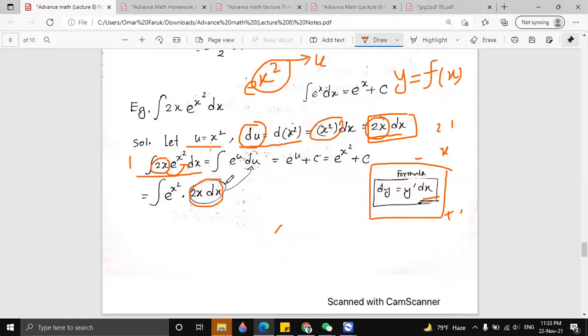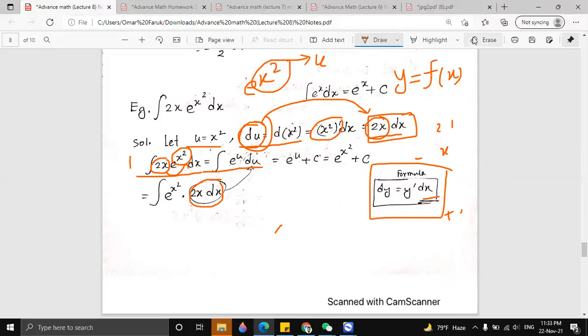And in 2x dx, we already got the value. It is du, right? 2x dx is du. So I just write here du. And then I let x square is equal to u. So altogether this is integration of e to the power u du, right?